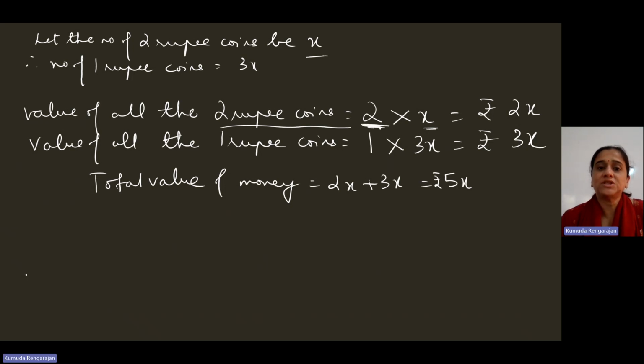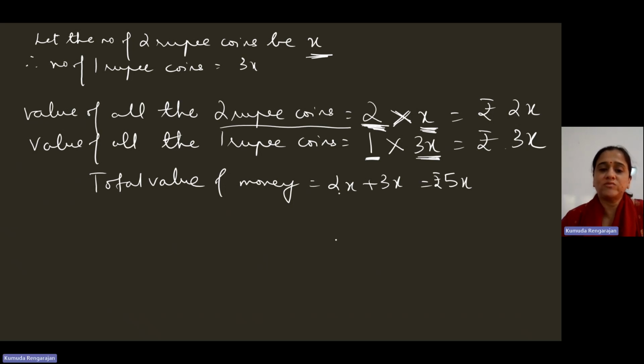This is the denomination, 2 rupees. 2 is the denomination multiplied by the number of coins. Number of coins is x. You can ask me. You got it? Your denomination is 1 rupee. How many coins? 3x. So 1 into 3x is 3x. 1 into anything is the same thing. So 3x. 2 into x is 2x.